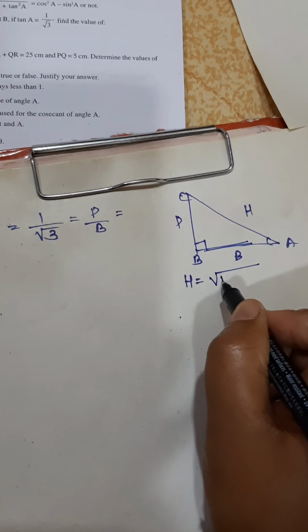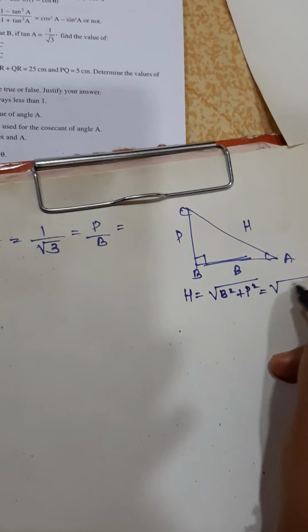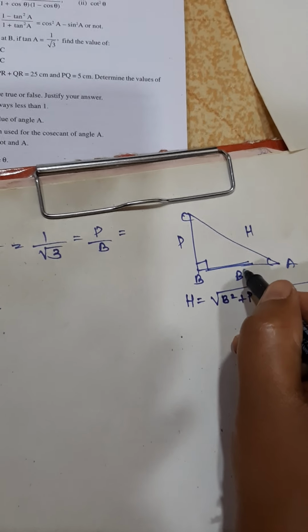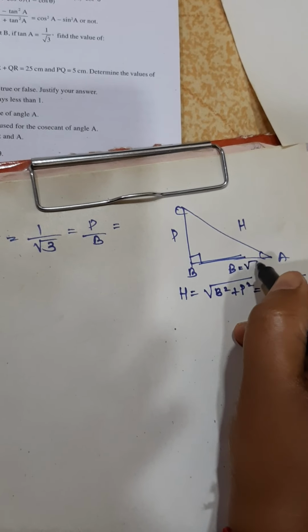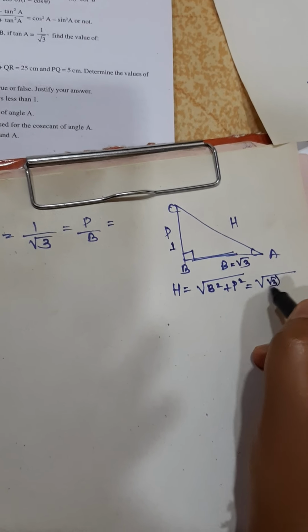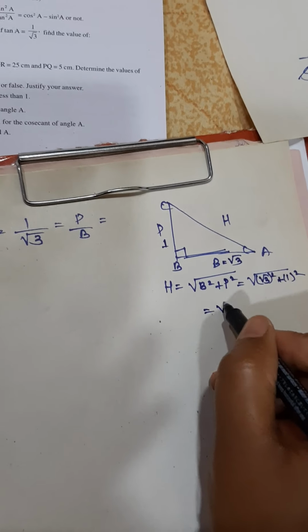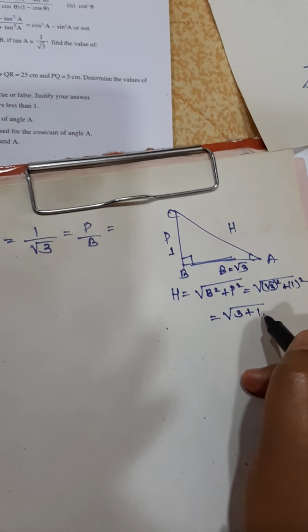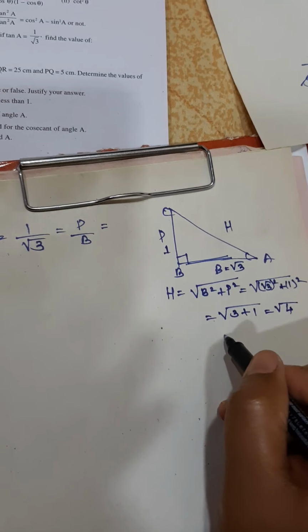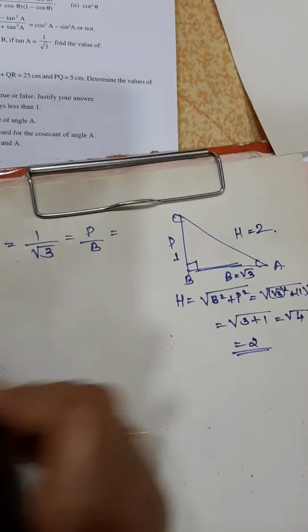Square root of B square plus P square. B is equal to square root 3 and P is equal to 1. So square root of (square root of 3) whole square plus 1 square, that is square root of 3 plus 1, so it is equal to square root of 4, it is equal to 2. So H is equal to 2 we got.